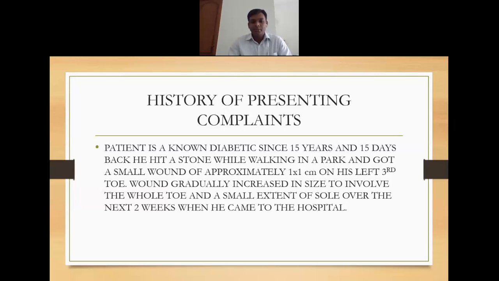Like, he developed a wound accidentally while walking. So we understand that he got hit by something. Saying he hit a stone actually means that he hit a stone intentionally. The grammar comes like that. So accidentally he got an injury, after which he developed a wound in the left leg. That should be fine. Otherwise, it's all fine.